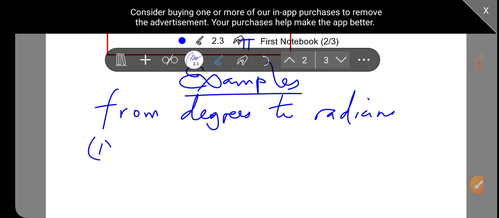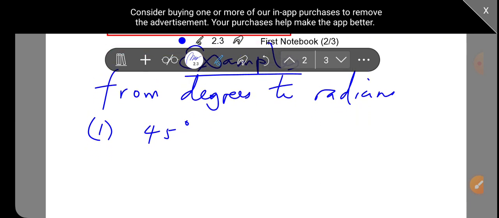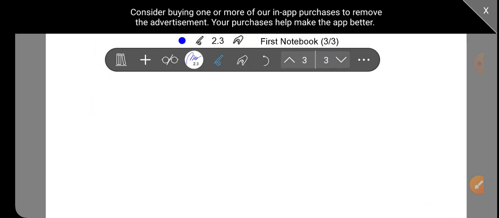The first angle we are to change is 45 degrees. Okay, so how do we do that? Let's do it on the fresh page. So we want to change 45 degrees to radians. But what is the formula?